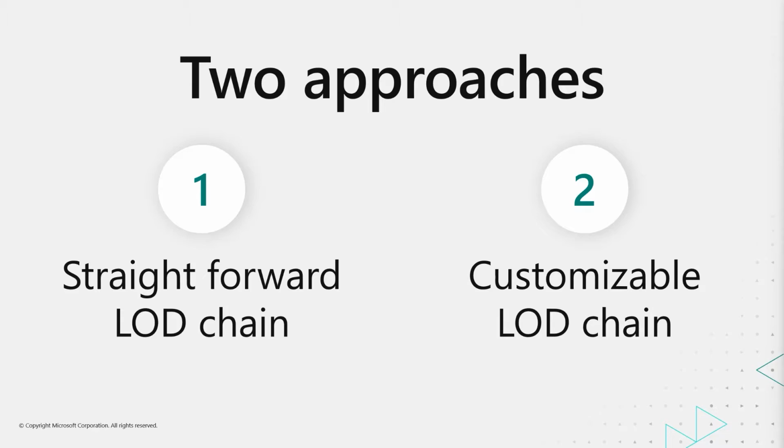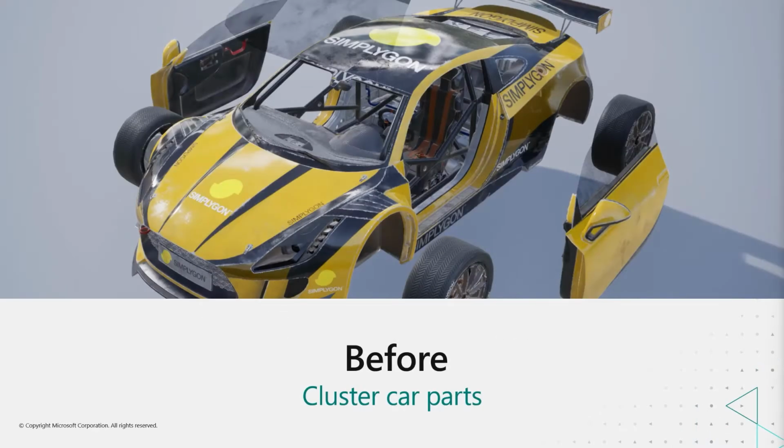But let's start by looking at what we did before. So the asset we used in this video is actually off the shelf, so we had to do some work here to get it to be as we wanted it. We've started by clustering it.